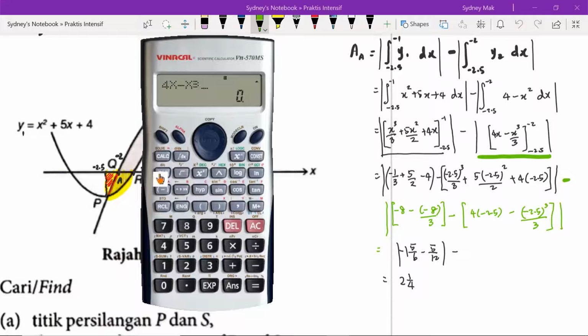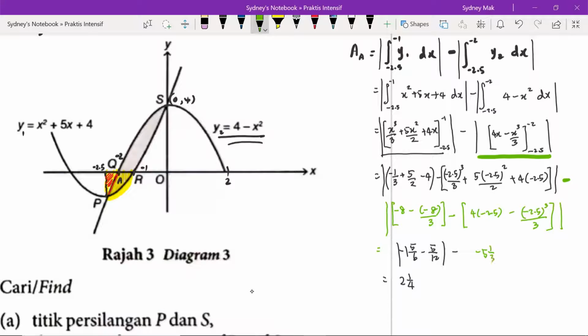And now we replace the x value with the upper boundary, which is -2. Okay, -2. So we have -5 and 1 over 3.